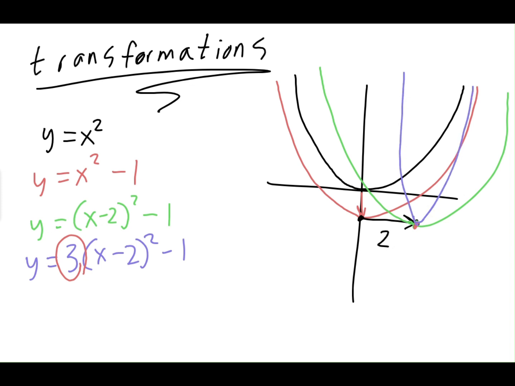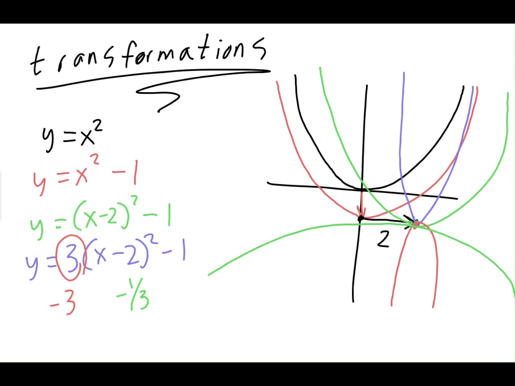It's going to look like this. There are several versions of what this a value could be. Say if we had a negative 3, then we would make it like this. Or maybe we had a negative 1/3. Well, if it's less than 1, it's going to expand it out like this. So there are a few different versions of what the a value can do, but that's generically what it does.